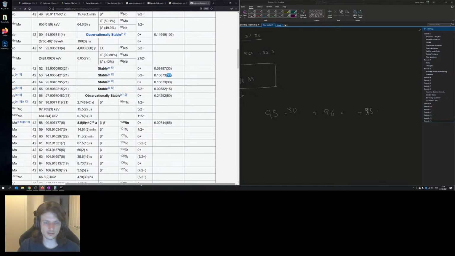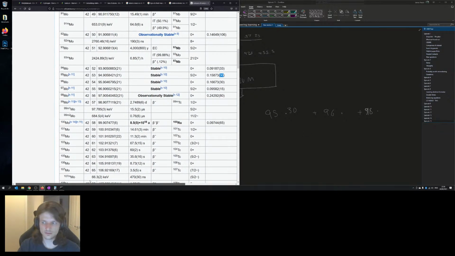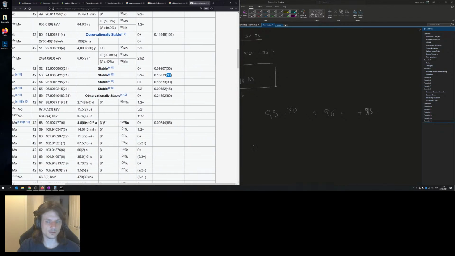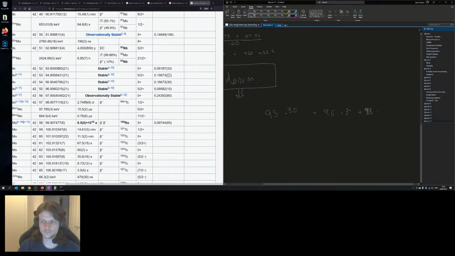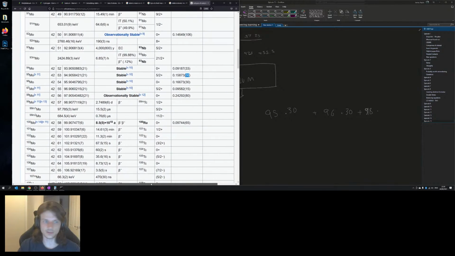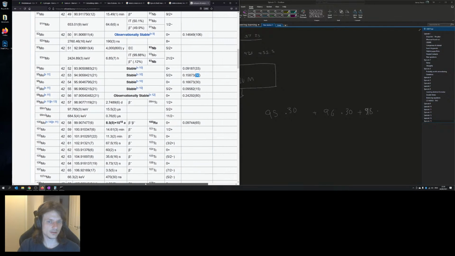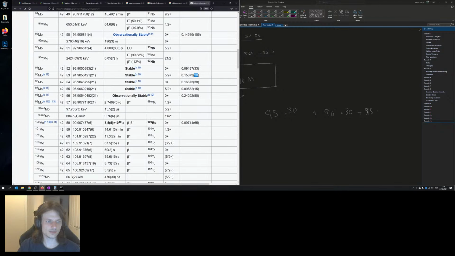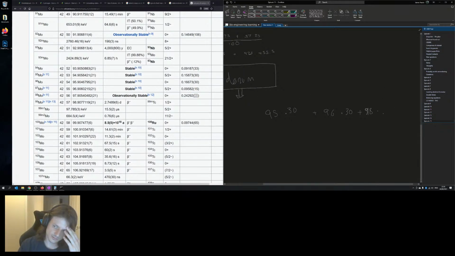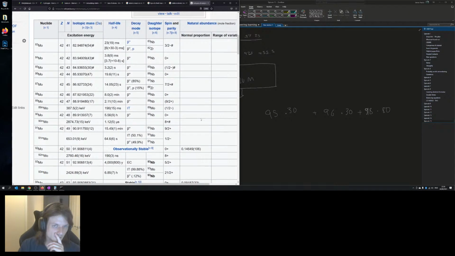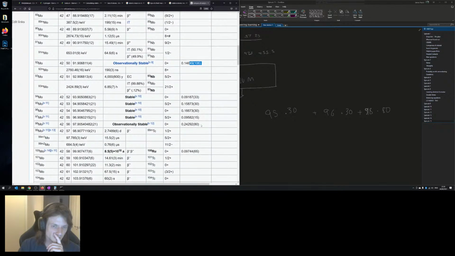So this is going to be 96. It's going to be 30. And this one is 98. This one's got, oh, you see, this one's got 80. I don't think that is right, because this is going to be percentage.